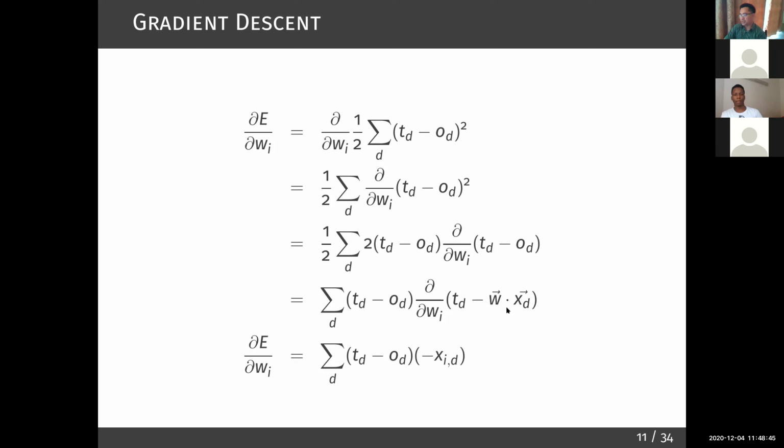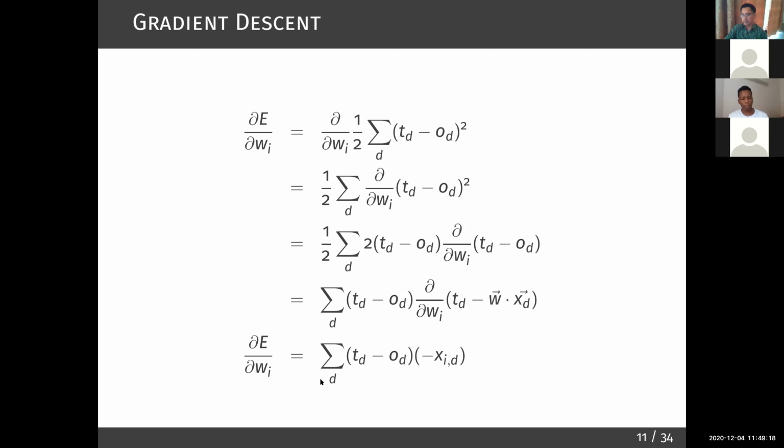Because this is a function of W, for the rest of the W's, W0 up to Wn, the derivative will be 0 except for Wi, where this is a function of Wi. The X corresponding to Wi is Xi of the given data set. So this is 0, this means negative, and so now this is the partial of E with respect to Wi.